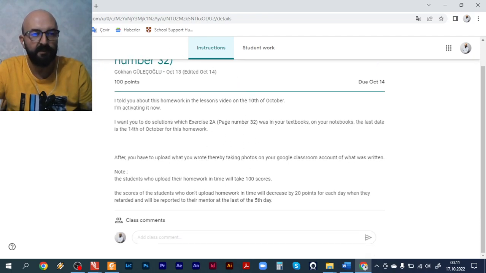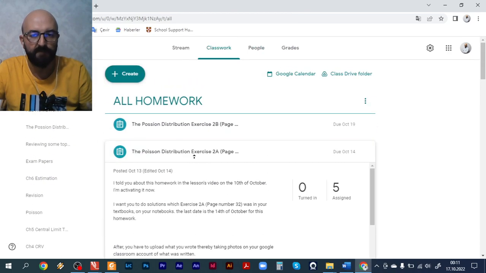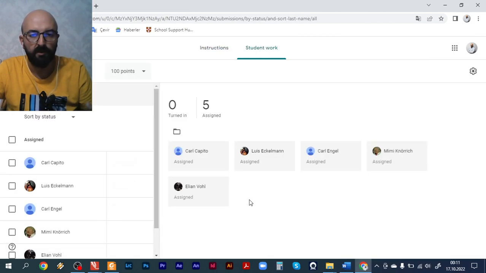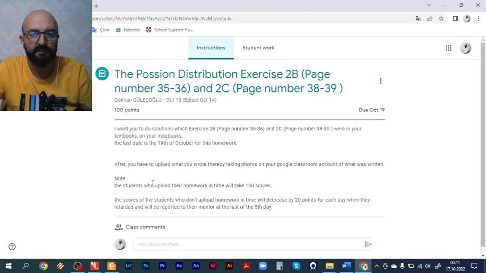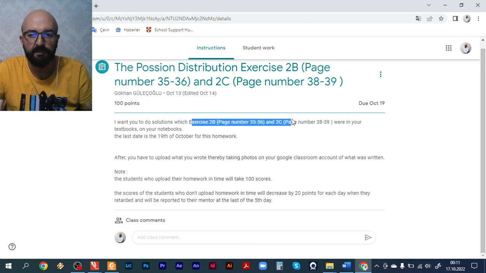Maybe you can see the other homework, for example Poisson distribution Exercise 2B. When you click the instructions, you can see them, and you can see the Exercise 2C page number and the due date.